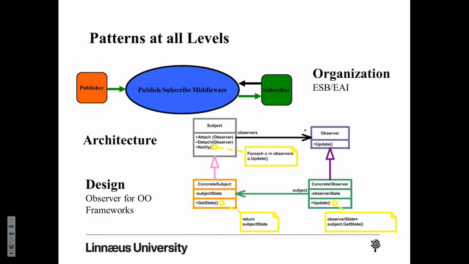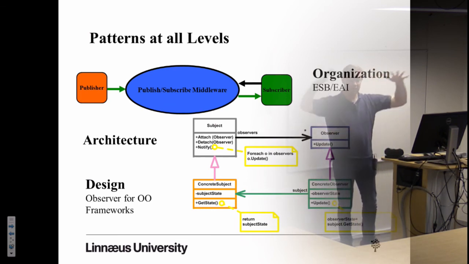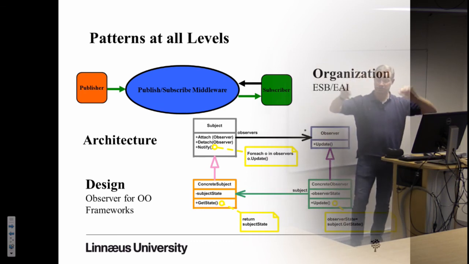So if you want a simple example, if you have an operations system that monitors your cloud or whatever it is, if something breaks, you can connect using the service bus to your organization's email application and send an email. Now that's a publish-subscribe architecture at that level, connecting systems.